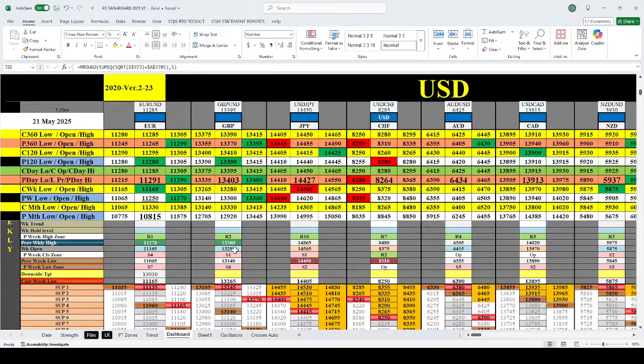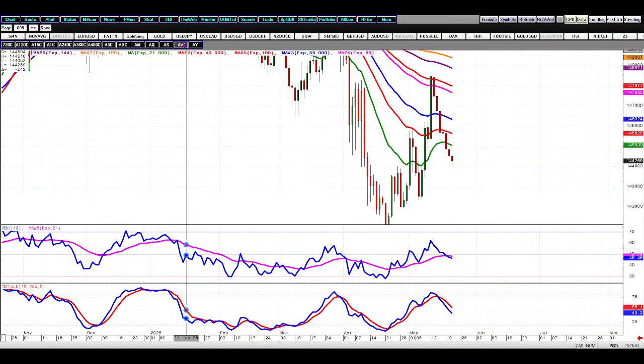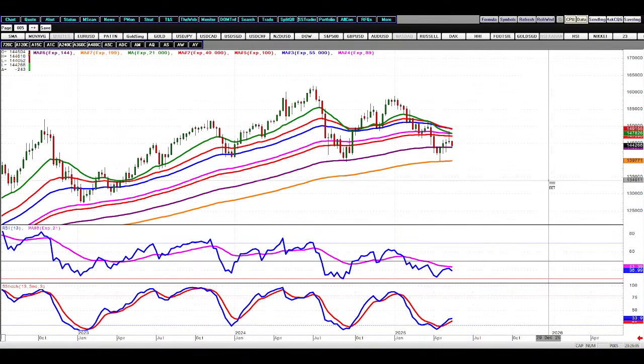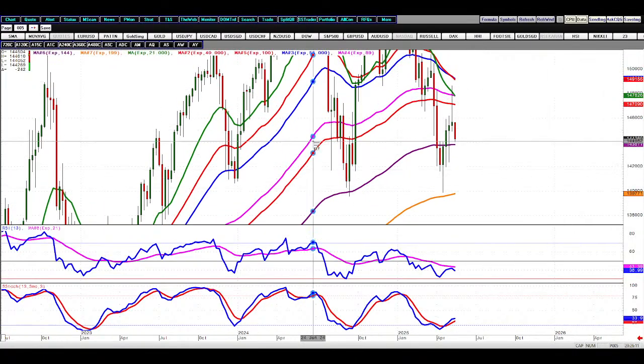Okay, now let's go back to dollar yen. Okay, I think we have to look into the chart to get a clear idea. More or less, I think we know what we are expecting and we have to see. So since this is trading below the weekly low, so when we look into the chart, I think we should be looking to buy near or above 142.45.